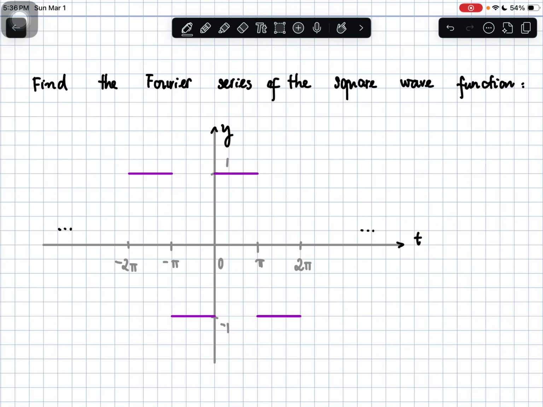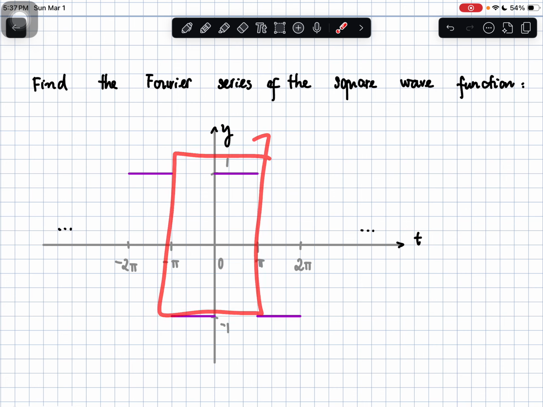Here is an example. We compute the Fourier series of this square wave function. This function is equal to -1 for minus pi less than t less than 0, and equal to +1 if t is between 0 and pi. It has 2 pi period.